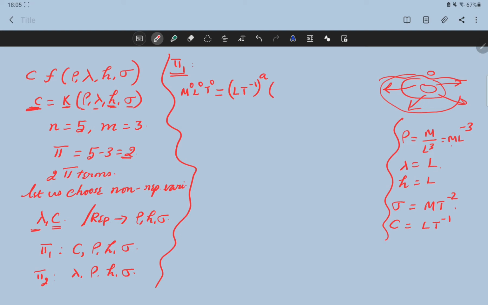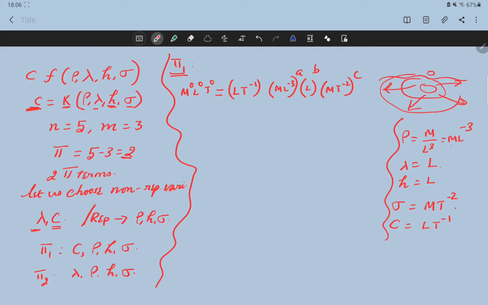times rho, which is m l power minus 3, power b, times h, which is l power c, times sigma, which would be m t power minus 2, power c.